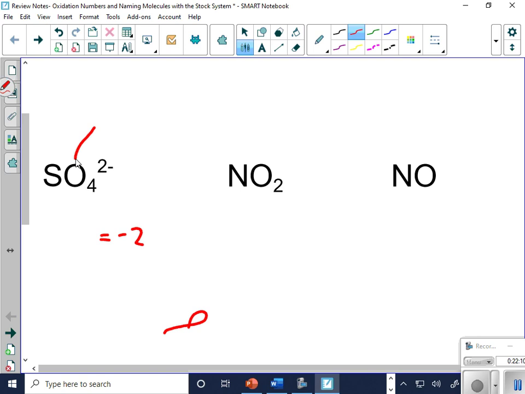I know that oxygen is not a peroxide, so oxygen's going to be -2 there. I have 4 oxygens, so my total charge on oxygen is going to be -8. In order to complete that equation, I need to have a +6. So sulfur in this instance is +6.